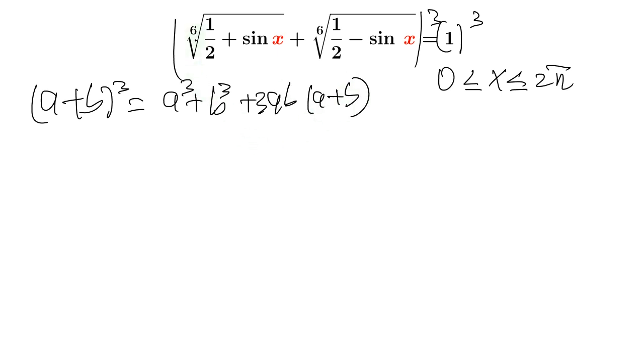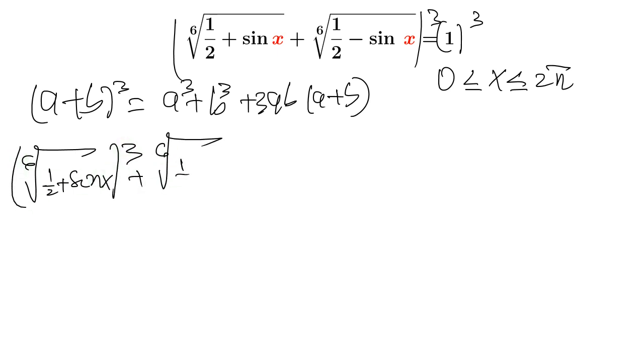This is a formula. So this one to the power of 3 gives the 6th root of 1/2 plus sine x cubed, plus the 6th root of 1/2 minus sine x cubed, and then plus 3ab, the product of them.